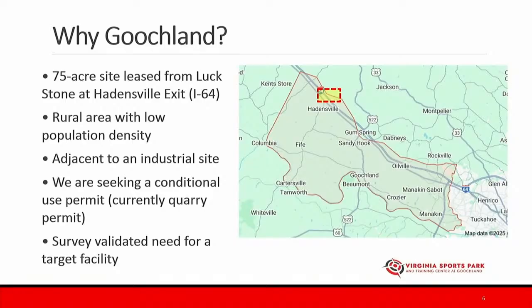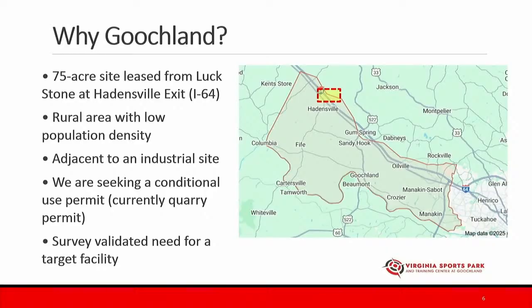Why Goochland? Well, we moved to Goochland a few years ago for the same reason. It's rural, it's agrarian, it allows outdoor sports, and that's one of the lures of Goochland County. And the biggest thing is rural area with low population density. And hence we are looking into the western part of the county off the Haydensville exit.